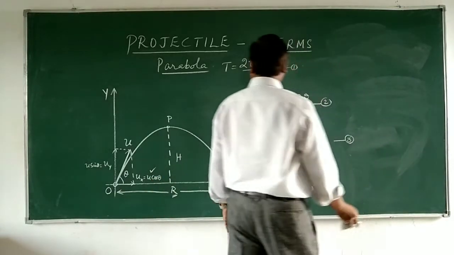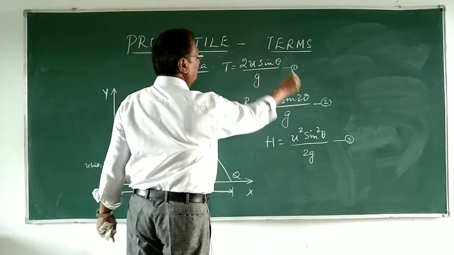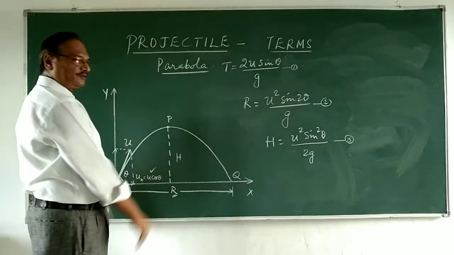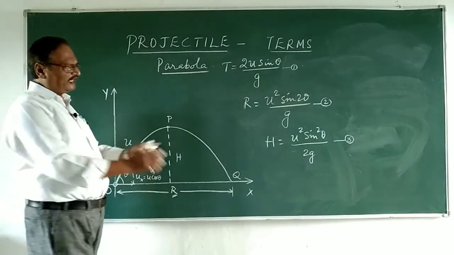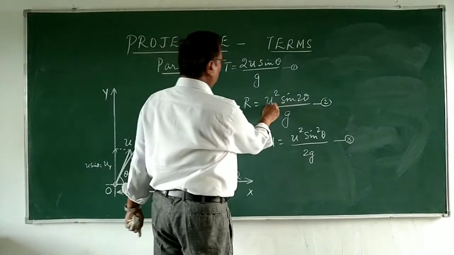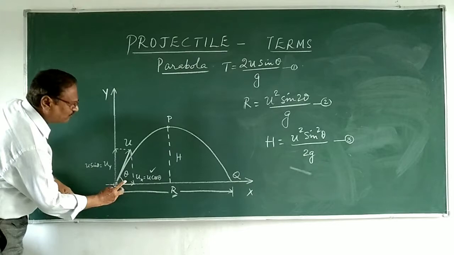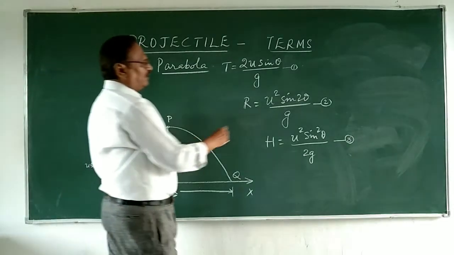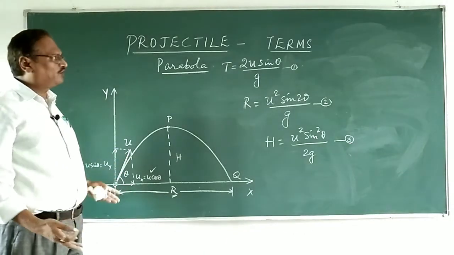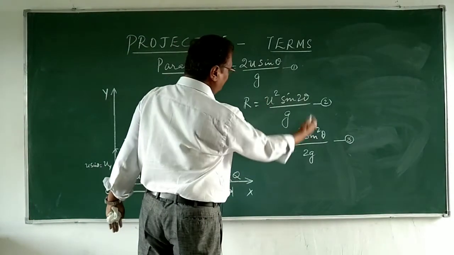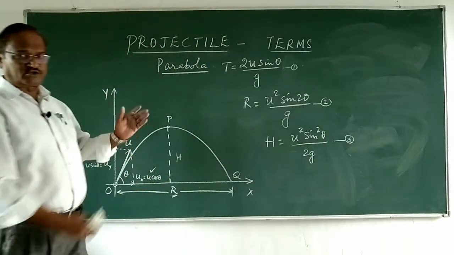Let us watch carefully in all the three equations. Theta is the angle of projection, which is constant. You fix it at 45 degrees, 60 degrees, 50 degrees, any amount. And u, the initial velocity, the velocity with which you are going to project, is also fixed. And g, the acceleration due to gravity at a particular place, is going to be constant. So you see the majority of the factors here are known values and they are constant.